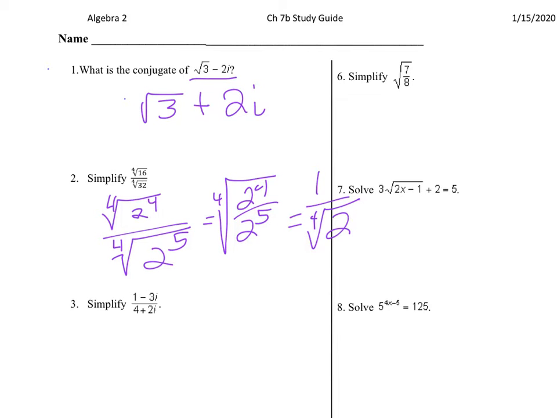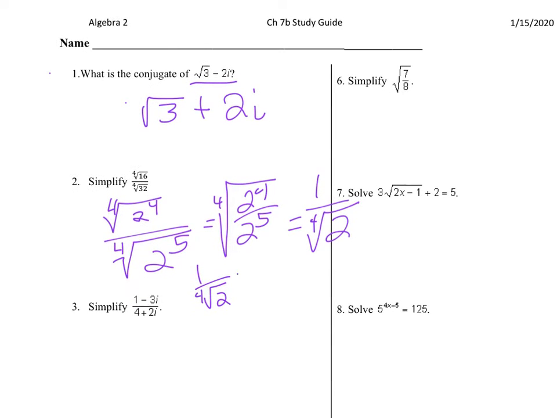Okay, so now we have to rationalize that. 1 over the fourth root of 2. I've got to multiply this by the fourth root of 2 to the 3.